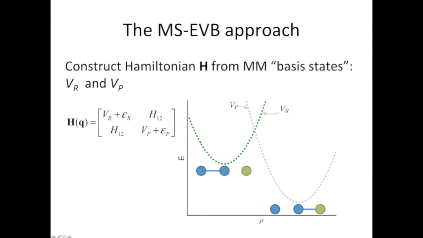I've shown you here for a simple reaction how that looks. Assuming that my potential is described with harmonic functions, in this connectivity I would get a parabola that looks like this, and in this connectivity I would get a parabola that looks like this. That's simply because I effectively have two different connectivities here: one defines my reactant, and one defines my product.